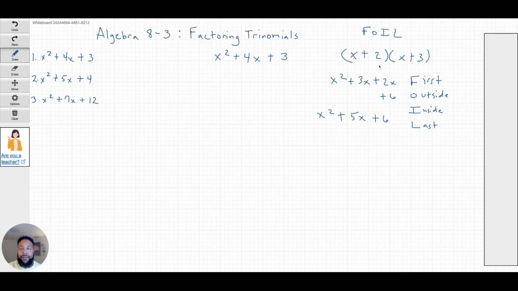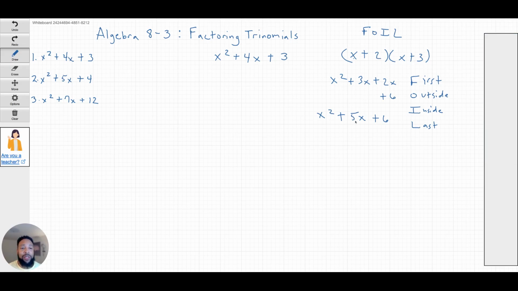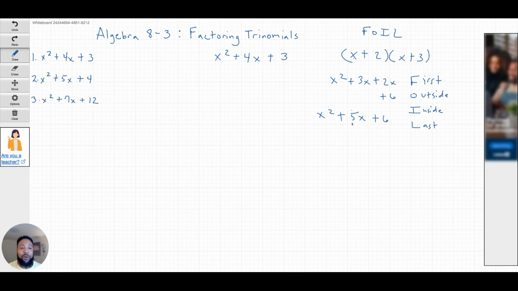is the product of x plus 2 times x plus 3. Now I want you to notice something, because this is what's going to help you factor a trinomial. This is a trinomial. 1 term, 2 terms, 3 terms. But notice this is a 5x. 2 plus 3 is 5. This is a 6. 2 times 3 is 6. Notice this pattern. Adding the last two terms and then multiplying the last two terms gives you what they call the coefficient or the number here. So keep that in mind.